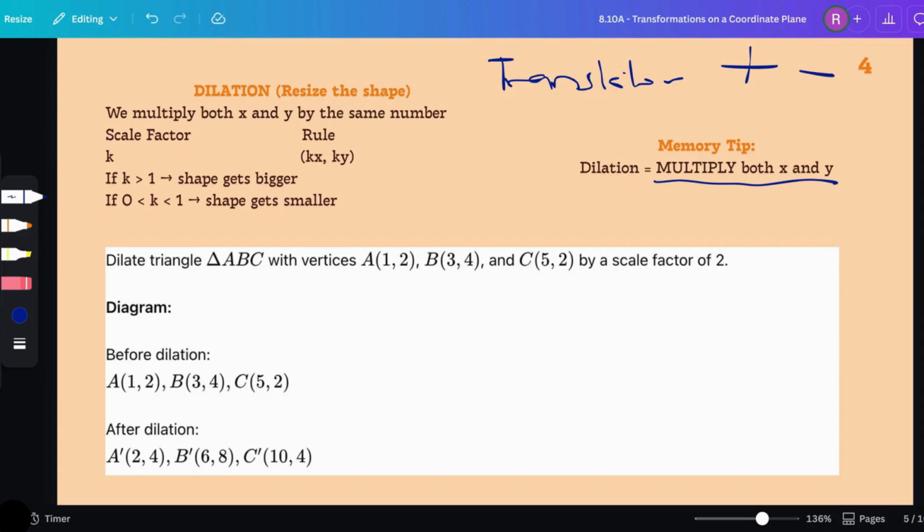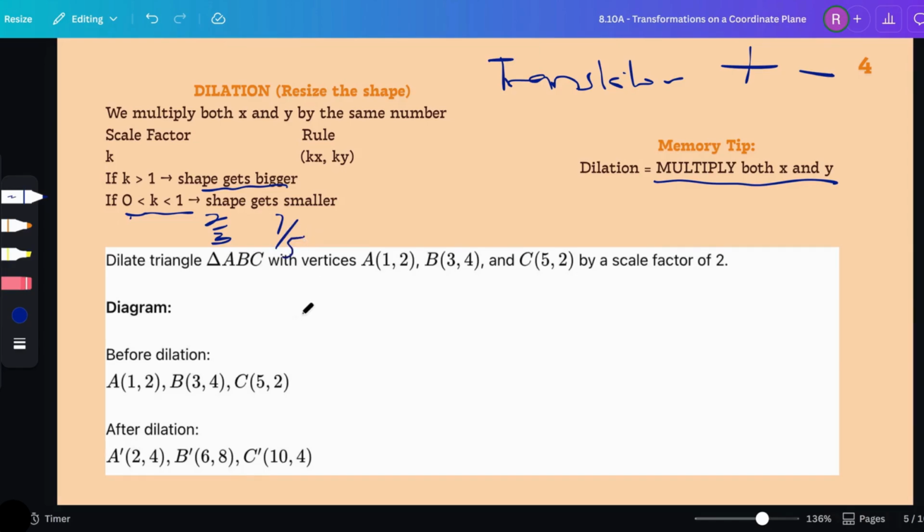So if k is greater than 1, that is, the number you are multiplying by is greater than 1, the shape gets bigger. But if the number you're multiplying by is greater than 0 but less than 1, that is, it is a fraction, let's say you are multiplying by 2/3, or 7/5.